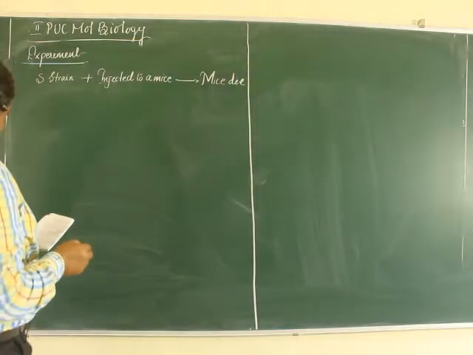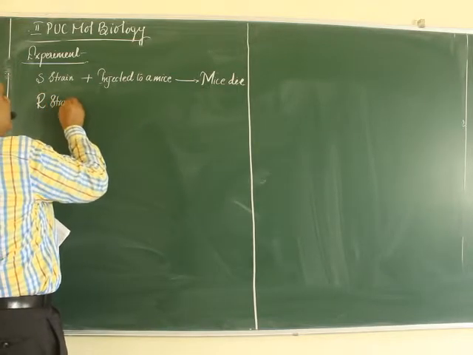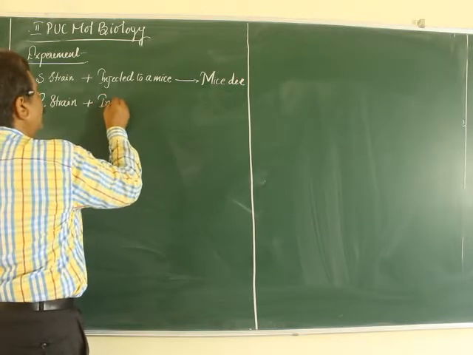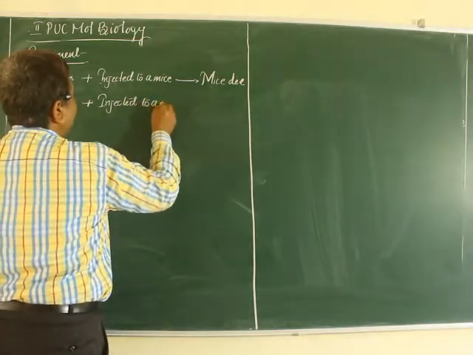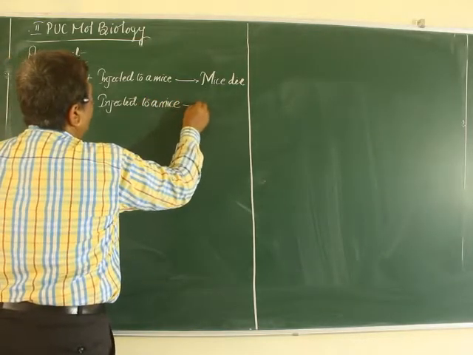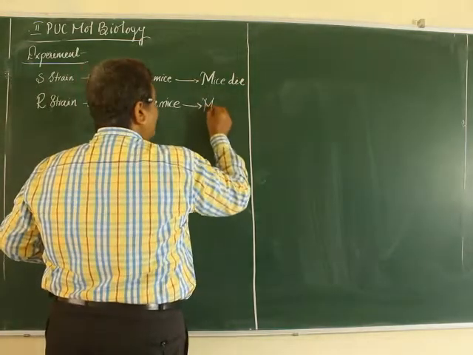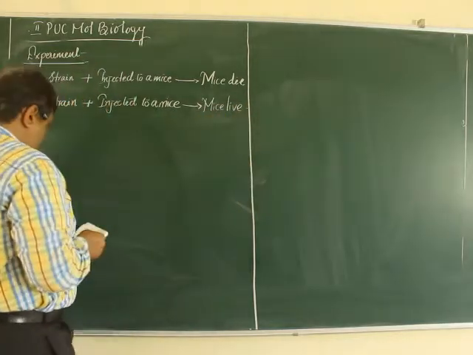Then he took R strain and injected it into a mouse, and the mouse was alive.